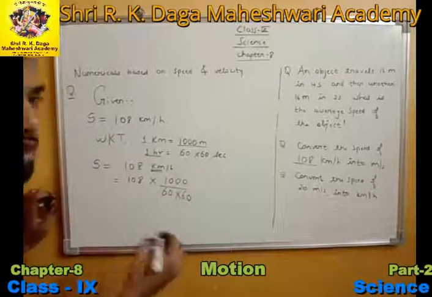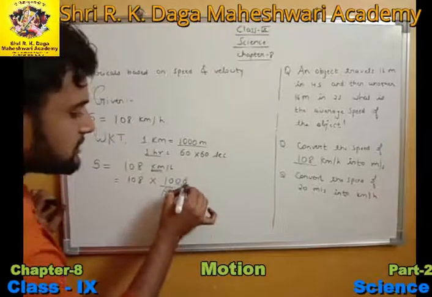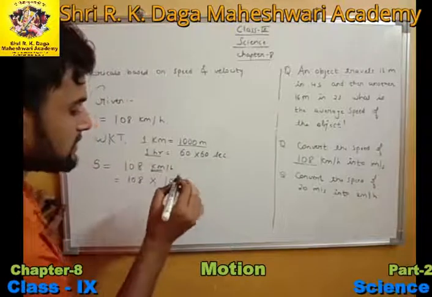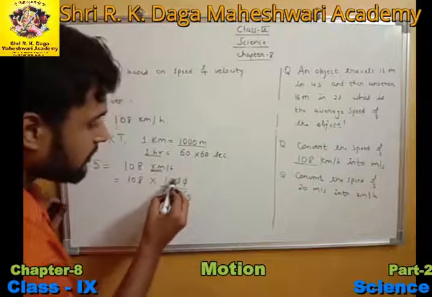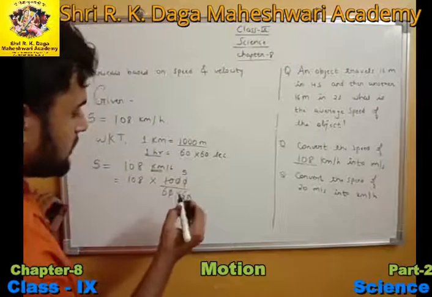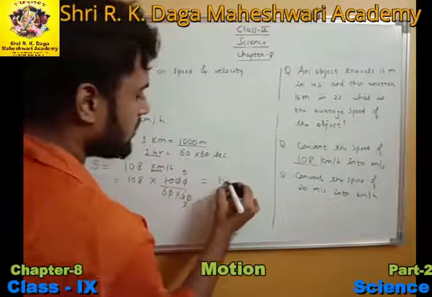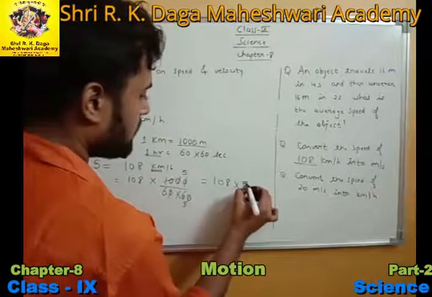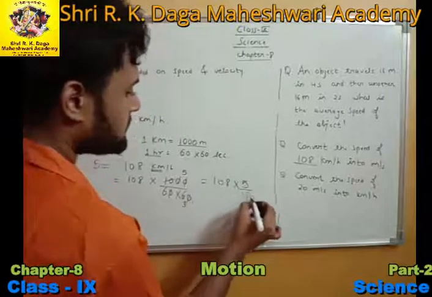Okay, so on solving, what do we get from here? 0 and 0 cancel, 0 and 0 cancel, 2 5s are and 2 3s are. That is 108 into 5 by 6, 3s are 18.